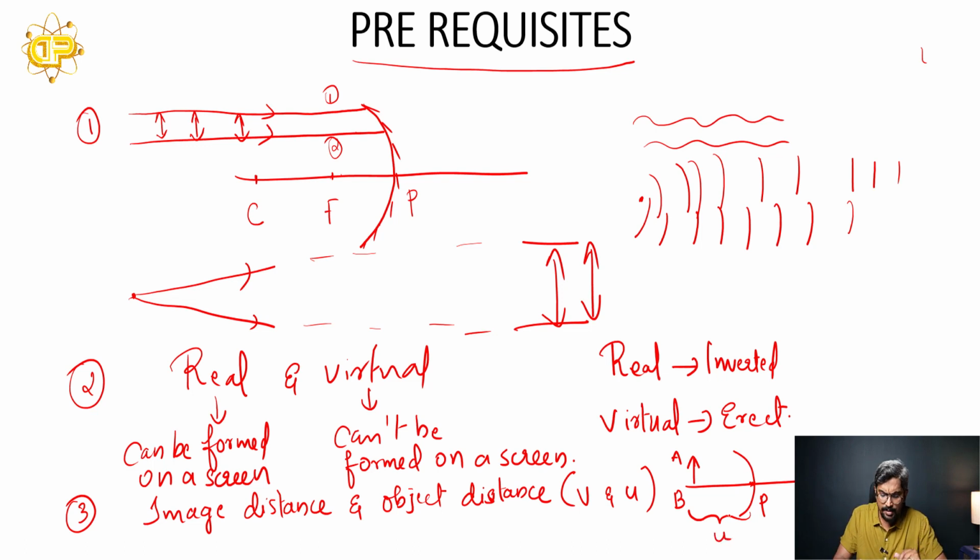Just imagine that this object is forming an image here. Then the distance between the pole and the image, represented by V, is known as the image distance. So one is object distance, the other one is image distance. These are the prerequisites that you need to know before studying the coming session.